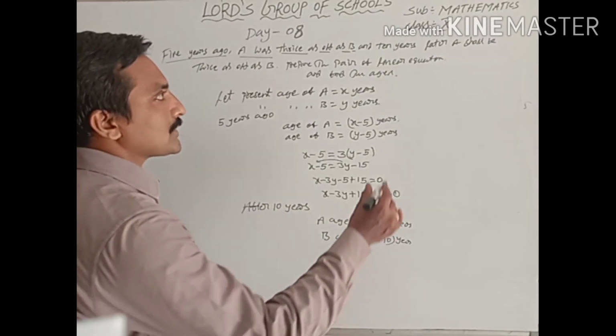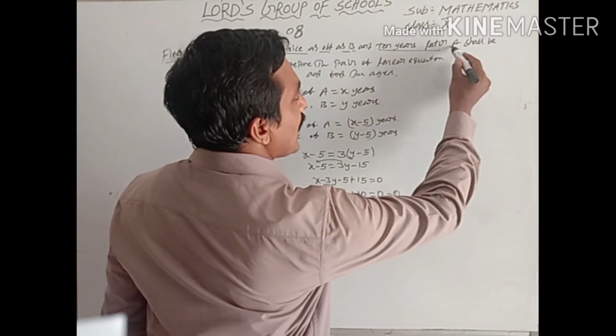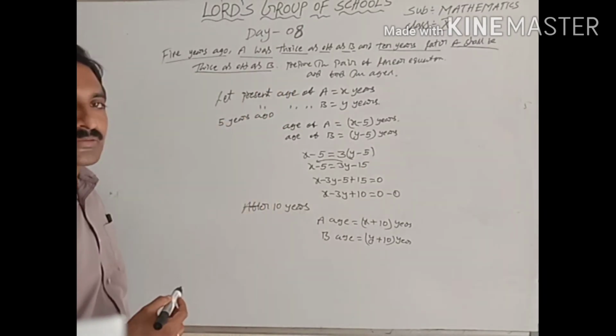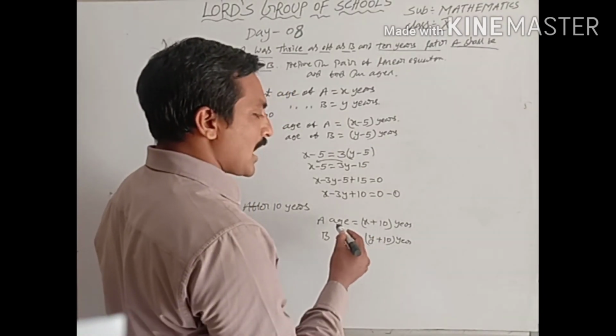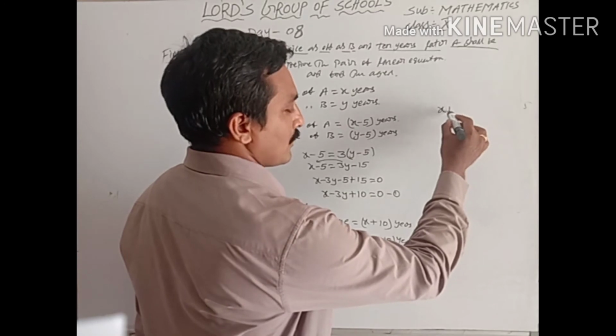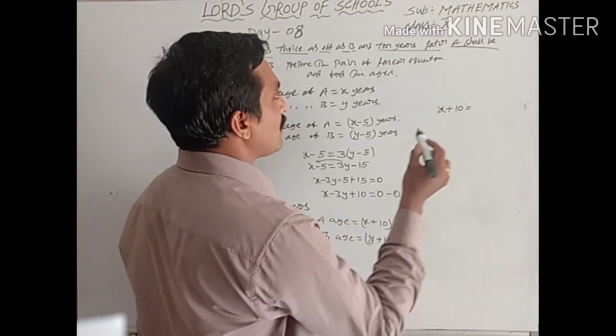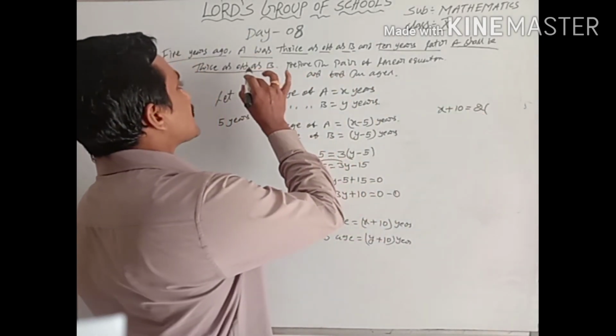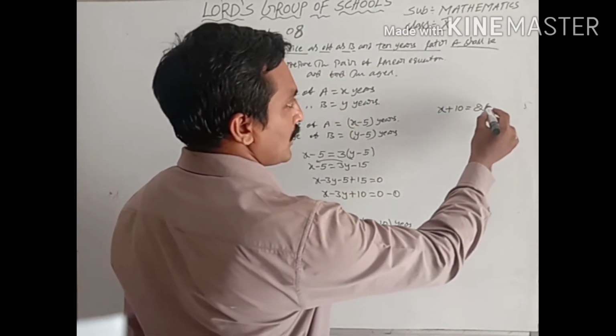In this case, 10 years later, A shall be twice as old as B. Means A's age X plus 10 is equal to twice, means 2 times, B's age, Y plus 10.